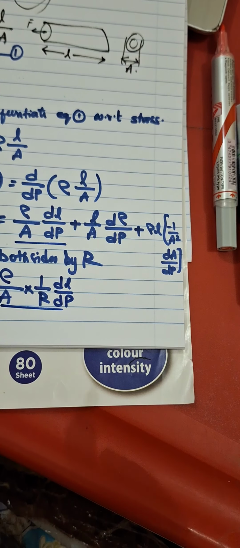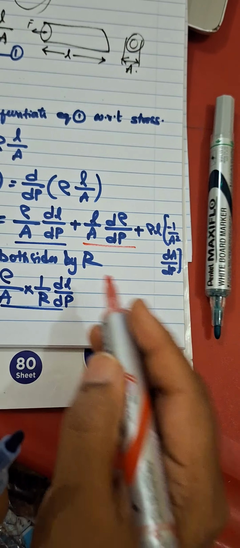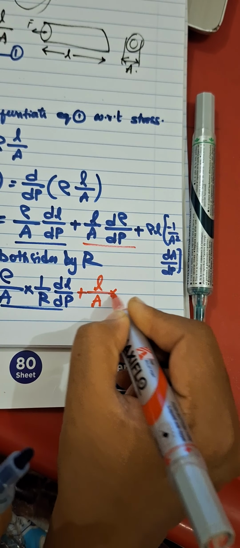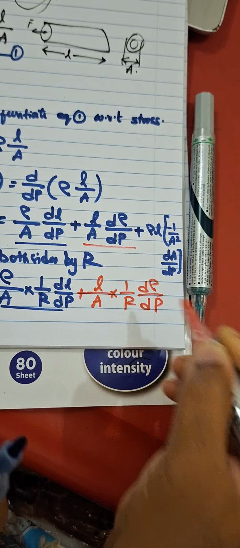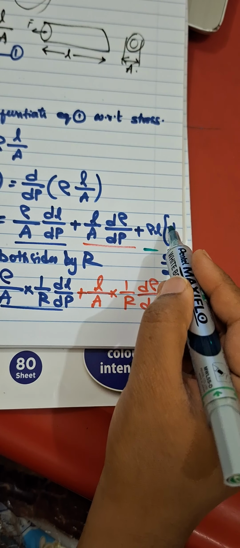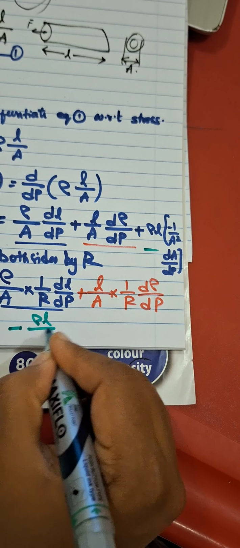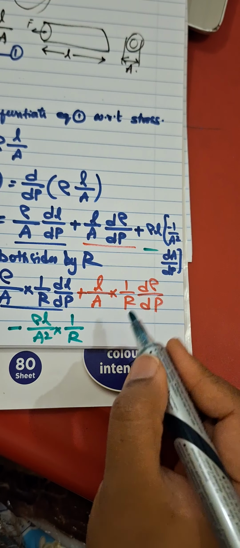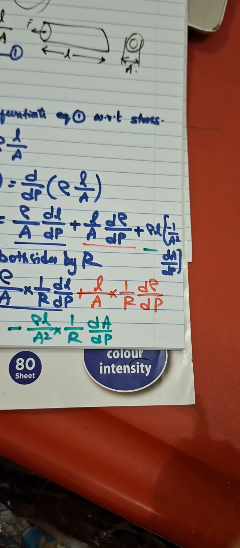The second one is L by A into 1 by R into d rho by dp. The third one is minus rho L by A square into 1 by R into dA by dp.